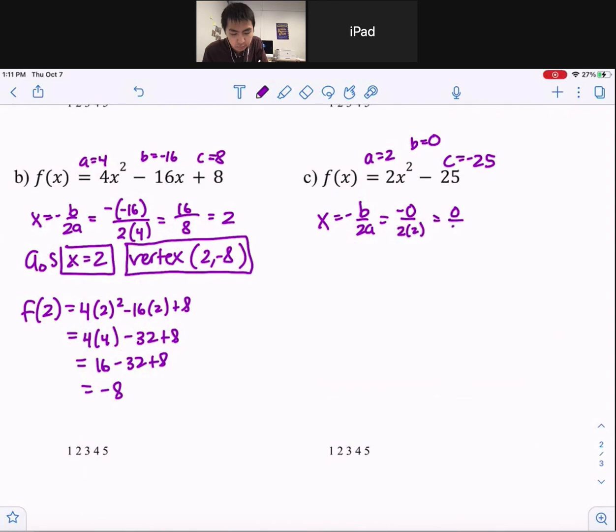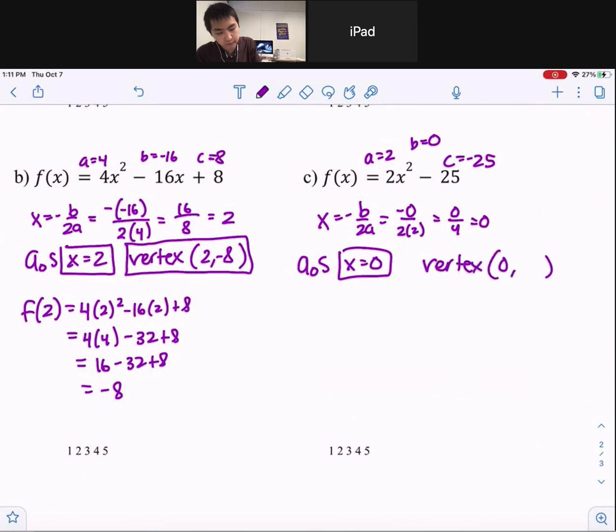That's just 0 over 4, which is 0. So axis of symmetry is x equals 0, which is also the x coordinate of your vertex. Plug in 0 everywhere you see an x, and you'll get negative 25. 0 comma negative 25 is your vertex.